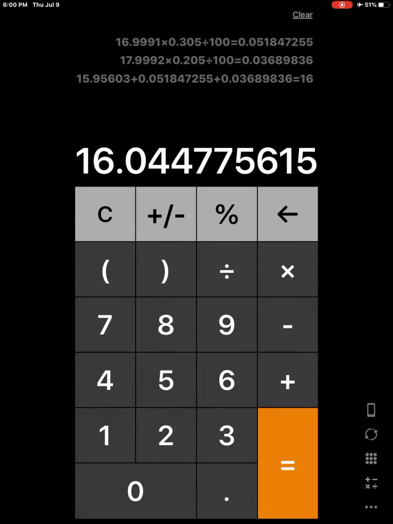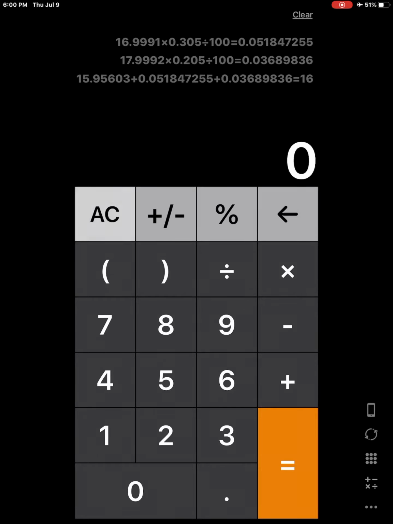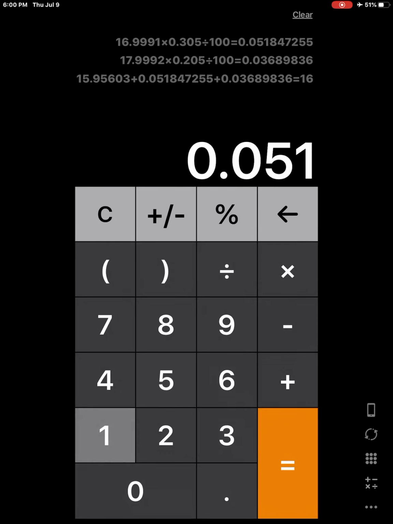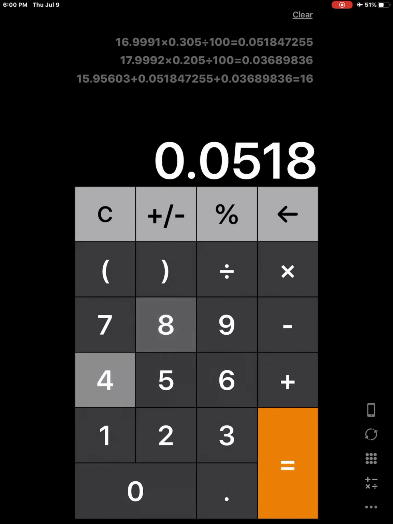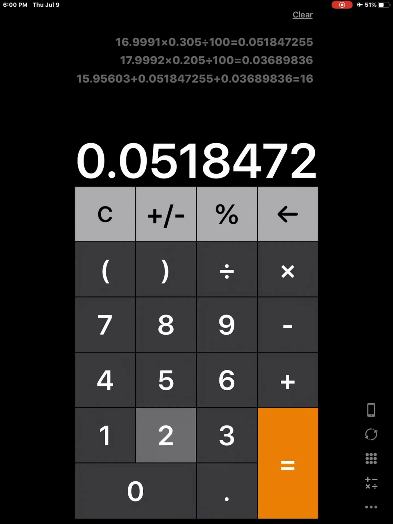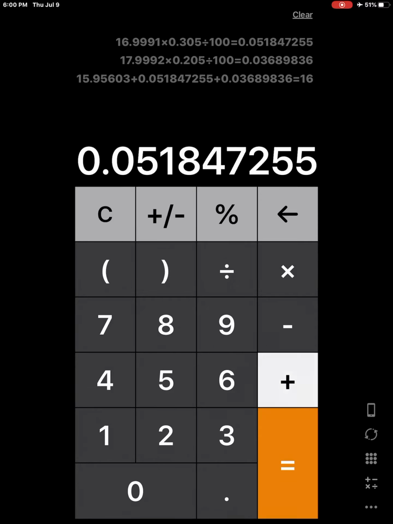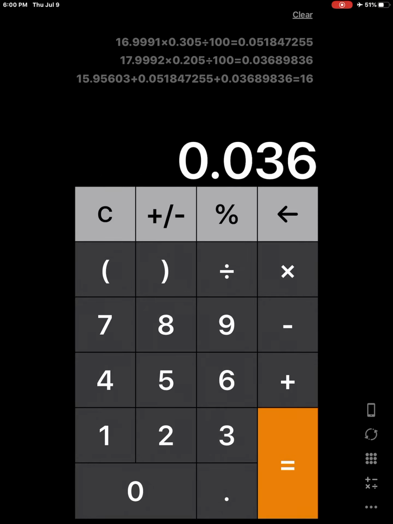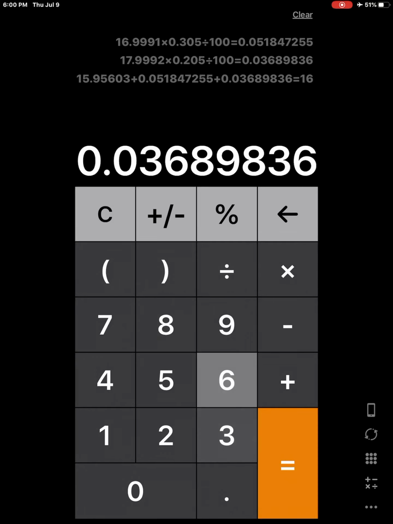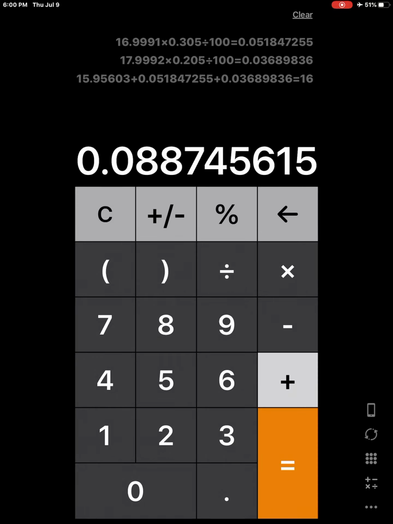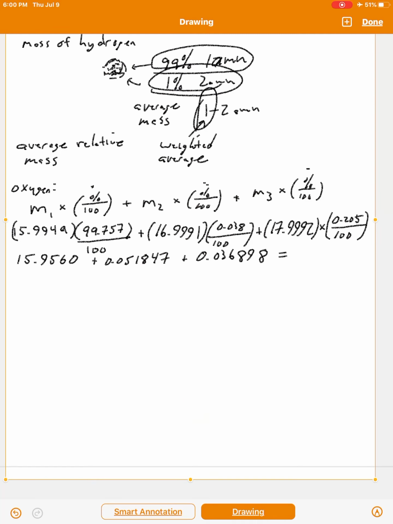Seems a little high. Let me check that, okay? 0.051847.255 plus 0.036 89836 plus, oh, we got to get the first one, 15.956.